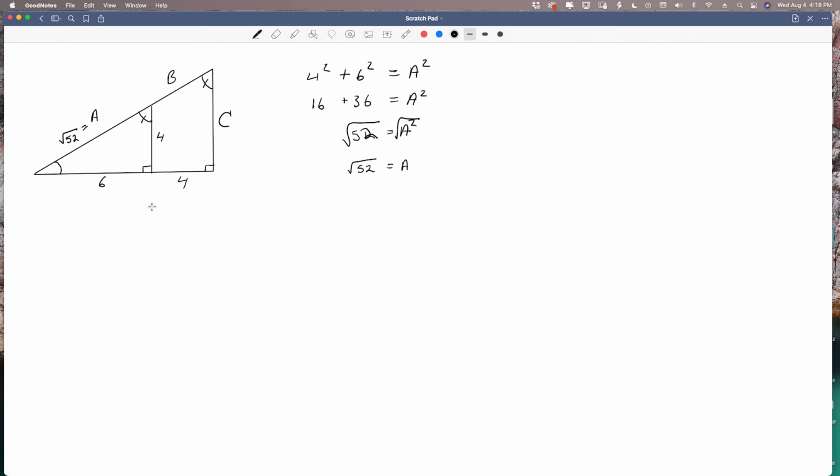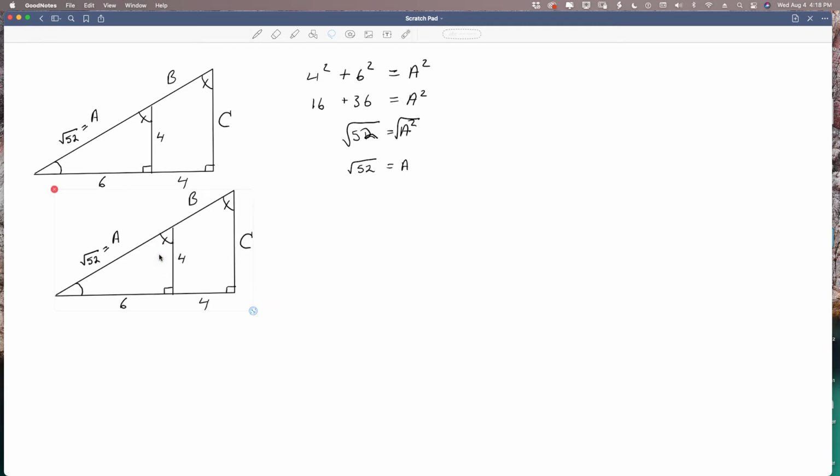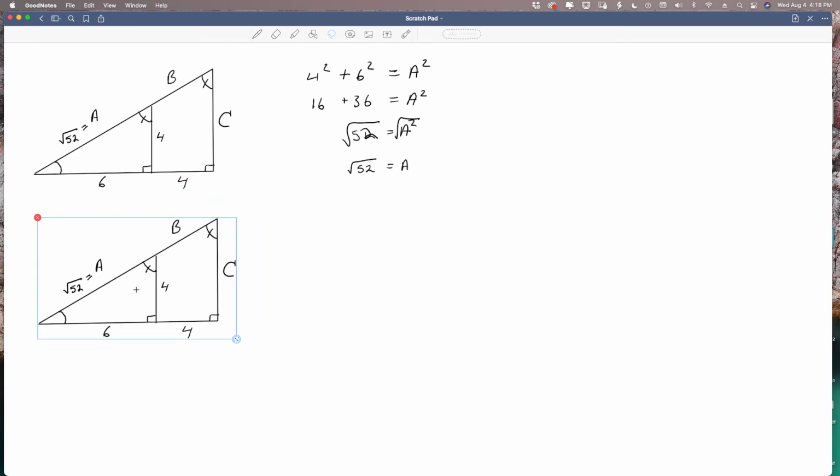So again, we have the bigger triangle and the smaller triangle, and I'm going to separate them because it is so much easier to see when we can split them up. So I'm going to copy this and I'm going to paste it down here, right? And I'm going to remove everything from the bigger triangle off of this one.